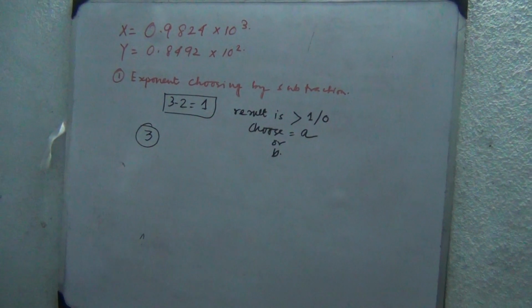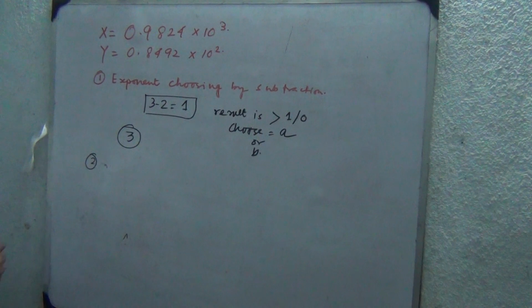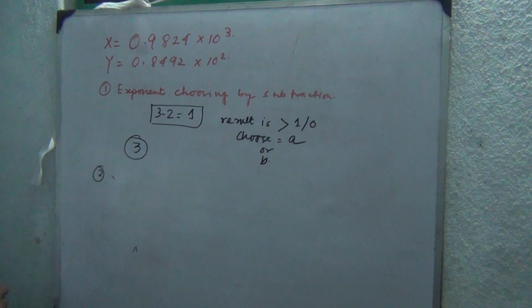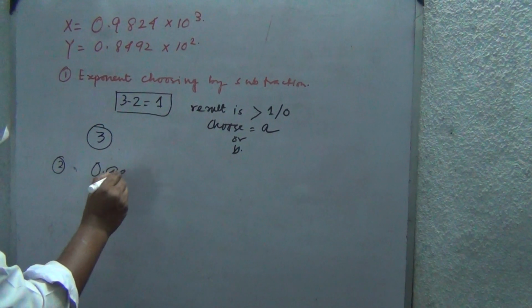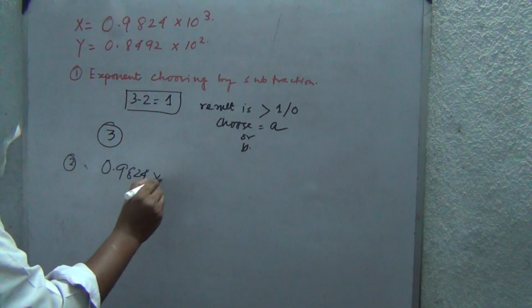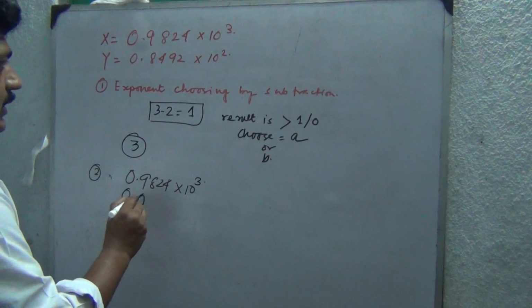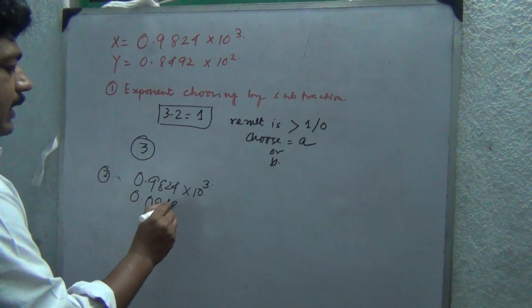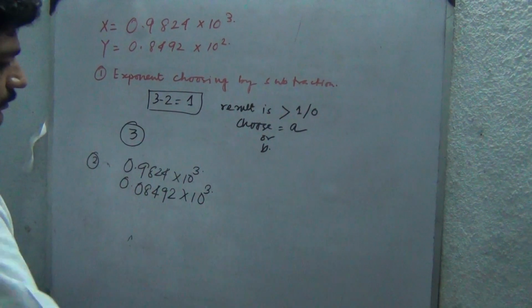If I have chosen the exponent 3, for the next stage my numbers are 0.9824 into 10 to the power 3 and 0.08492 into 10 to the power 3.